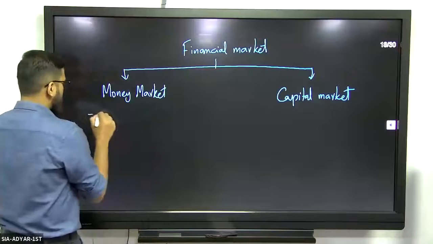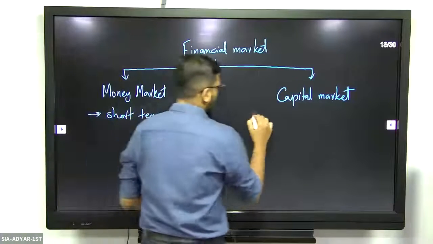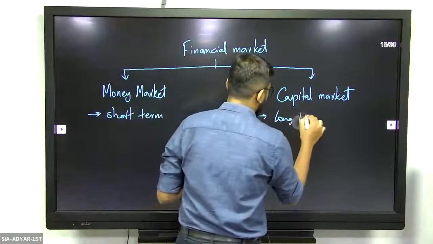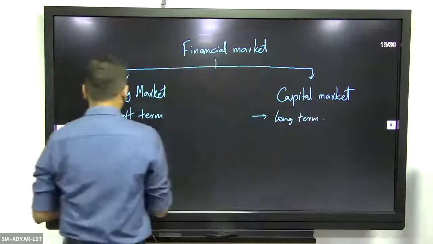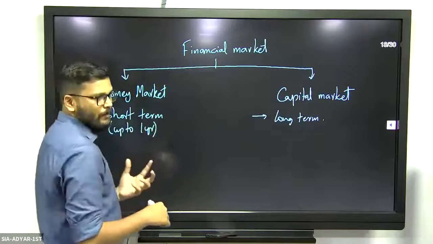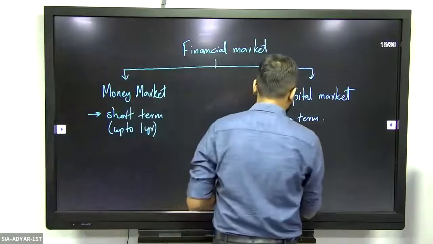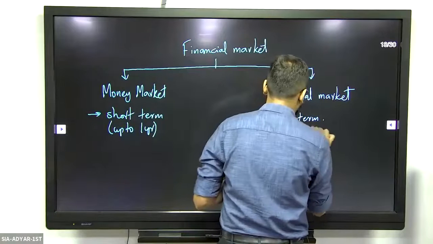Okay, so money market is short term, capital market is long term. Short term refers to up to 1 year. In some cases less than 1 year, in some cases including 1 year. Long term, more than 1 year.